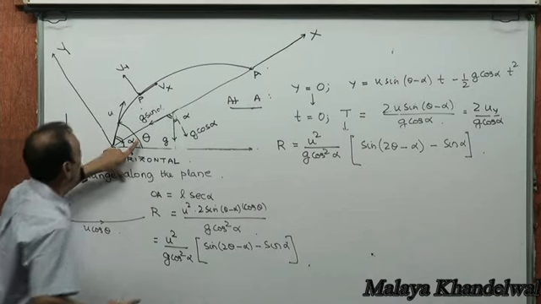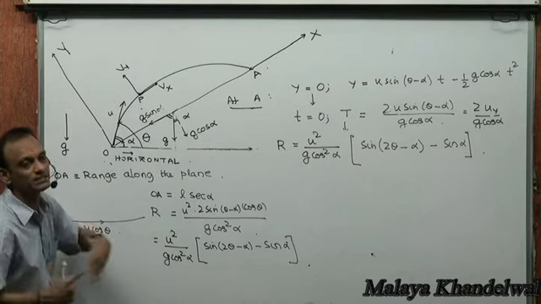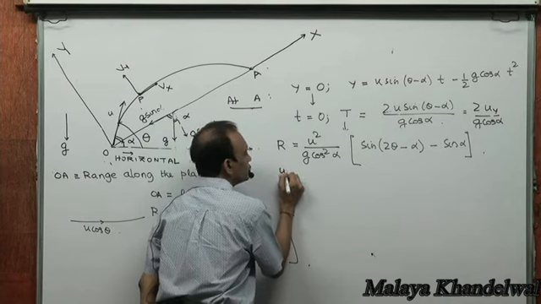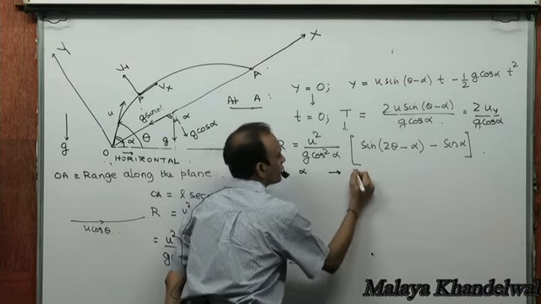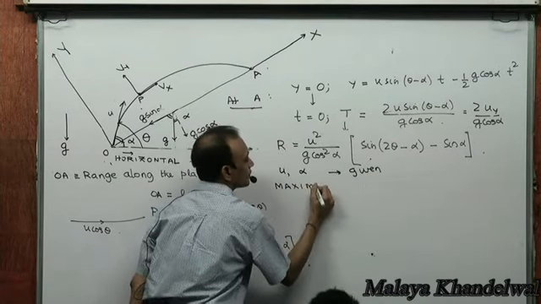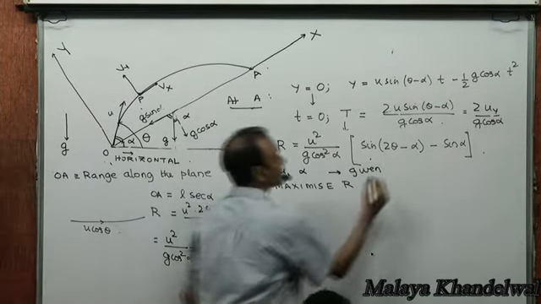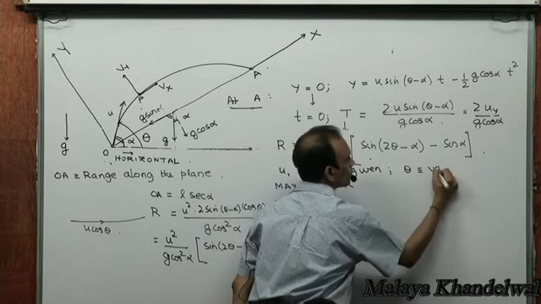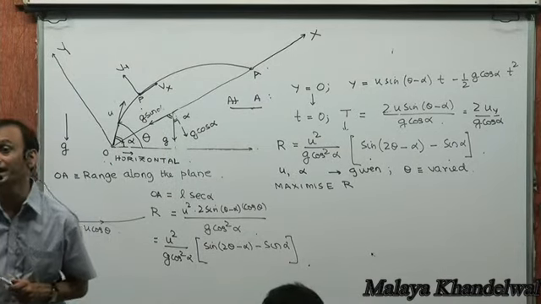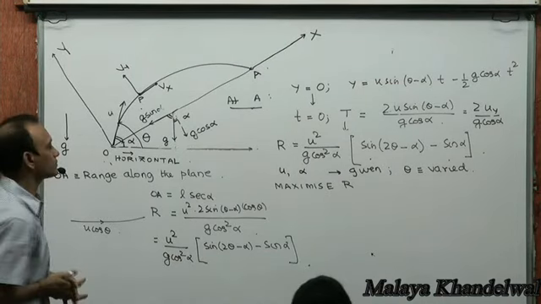So for a given U and alpha, we want to maximize R. That means theta can be varied. I want to select an appropriate value of theta that will maximize R.